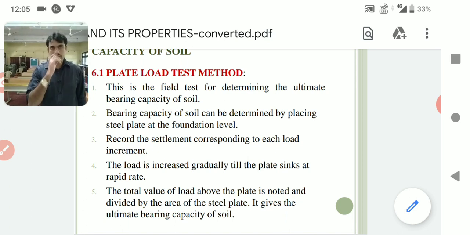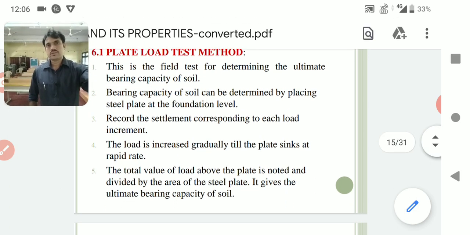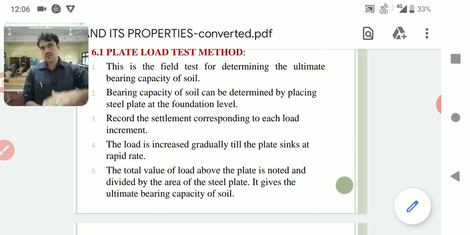We excavate the soil up to the foundation level, and then the 300 by 300 mm plate is placed at the foundation level, and then load is applied on the plate. There are different methods available. We place the plate on the foundation level and gradually apply the load from the top.